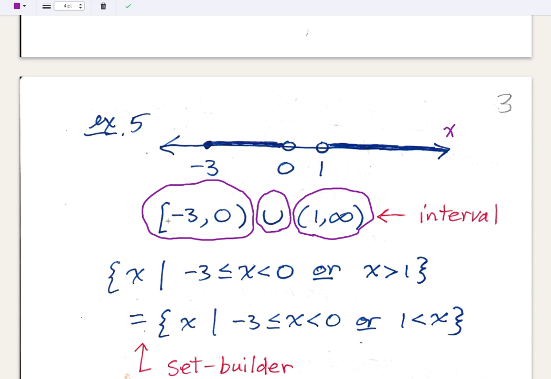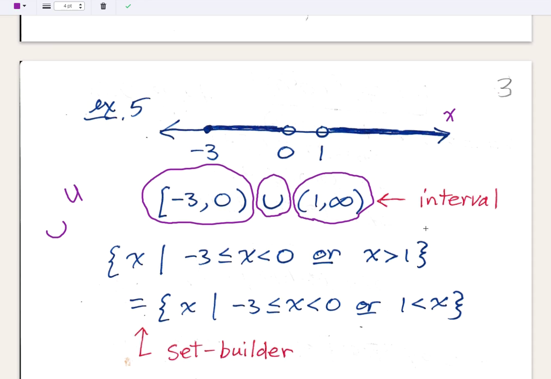So it's this set union this set. The U there should remind you of the word union. Don't put a hook on it. It's not literally a U. It's just like a smiley face without eyes. That's union. That would be our interval notation.